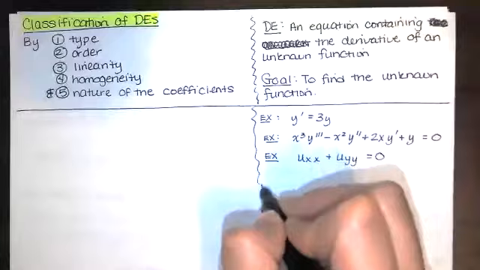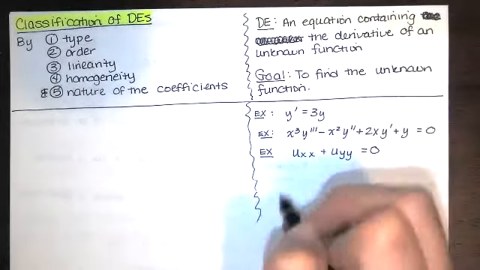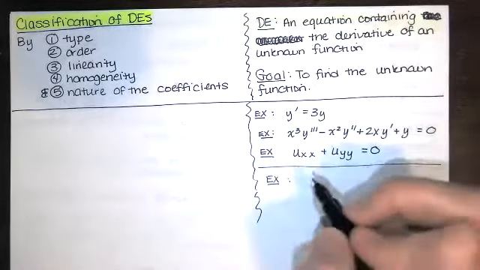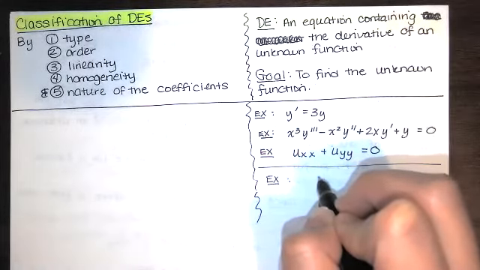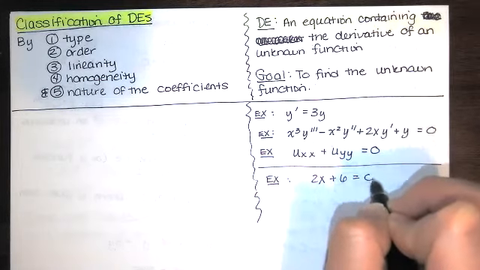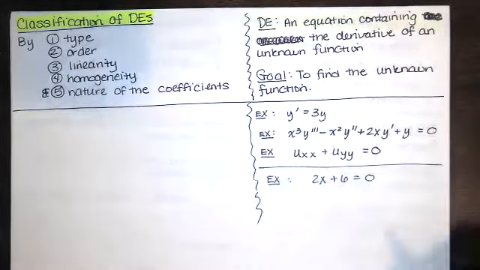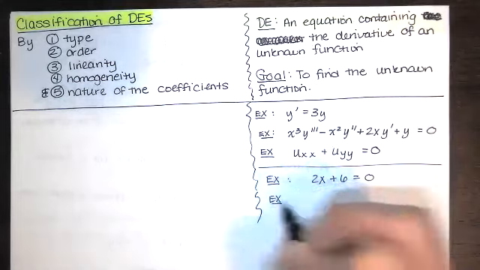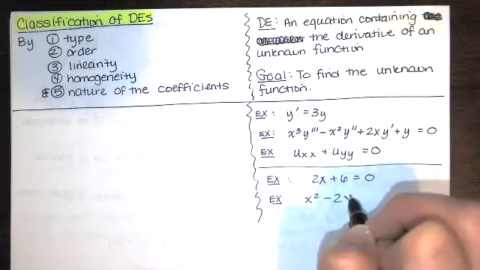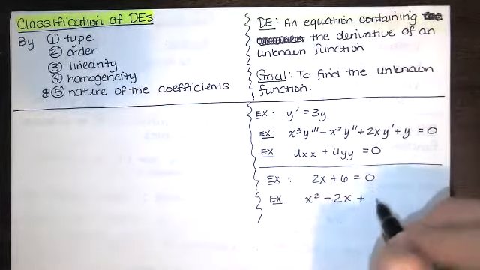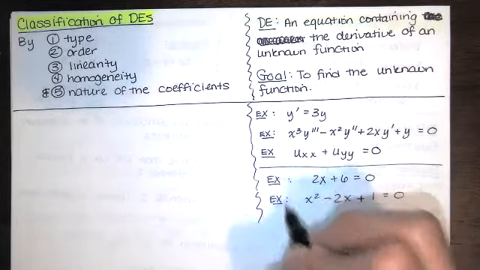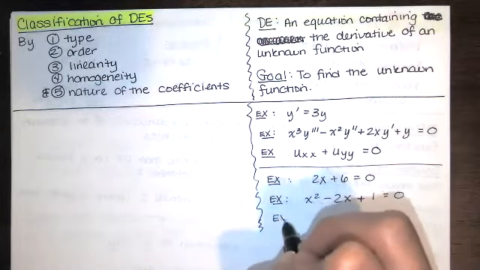In algebra, you started with something that looked like this. Maybe you have 2x plus 6 equals 0. You're going to solve that equation using one method. And if you have this equation, you might solve that equation using a different method, by factoring.